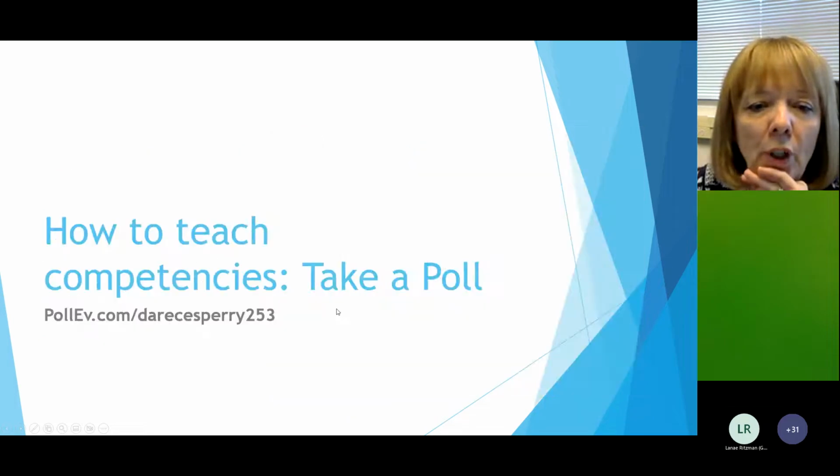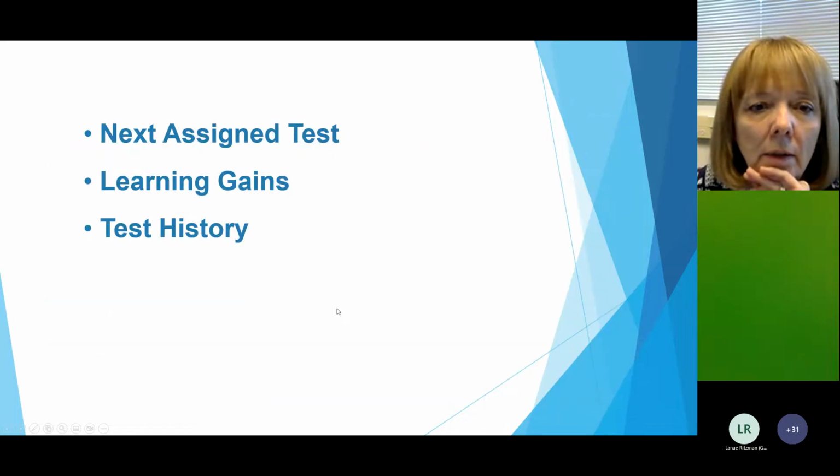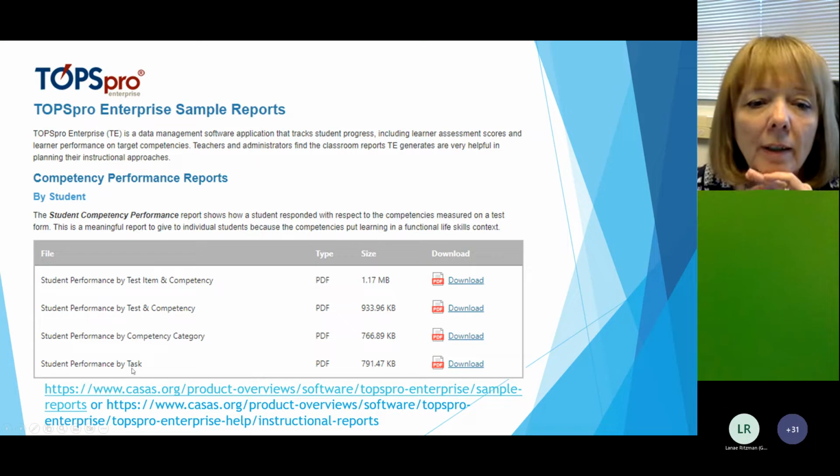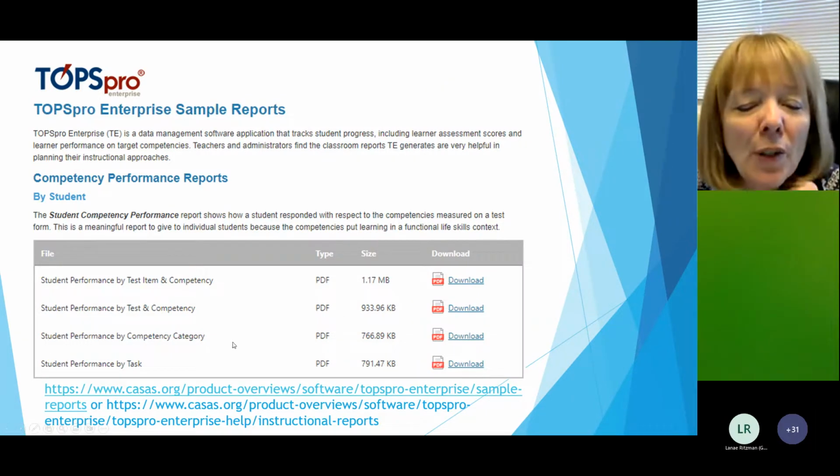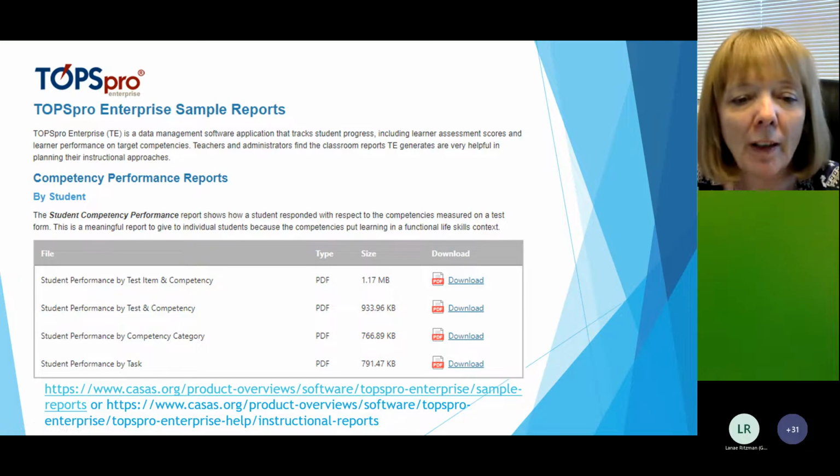So when you're looking at these different types of reports, just go a little bit off the usual routine, especially if you have a student that you're having trouble really helping them, and maybe do it by task or do it by category.